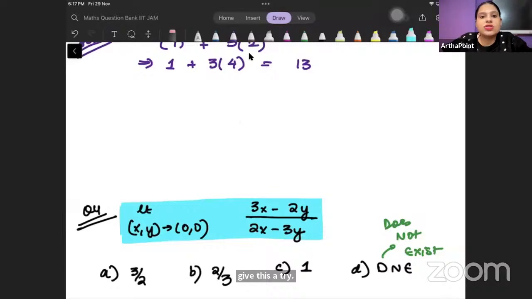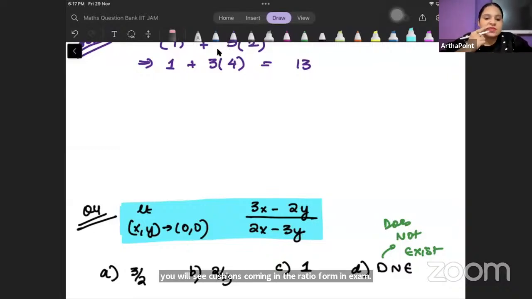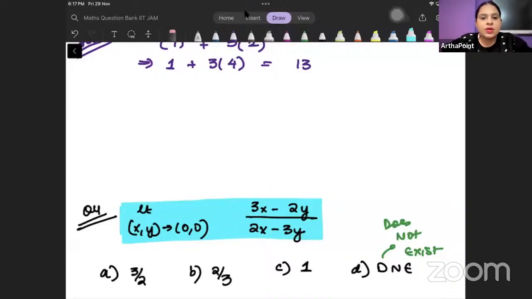Mostly you will see questions coming in the ratio form in the exam. Okay, B. What about others? Anyone?